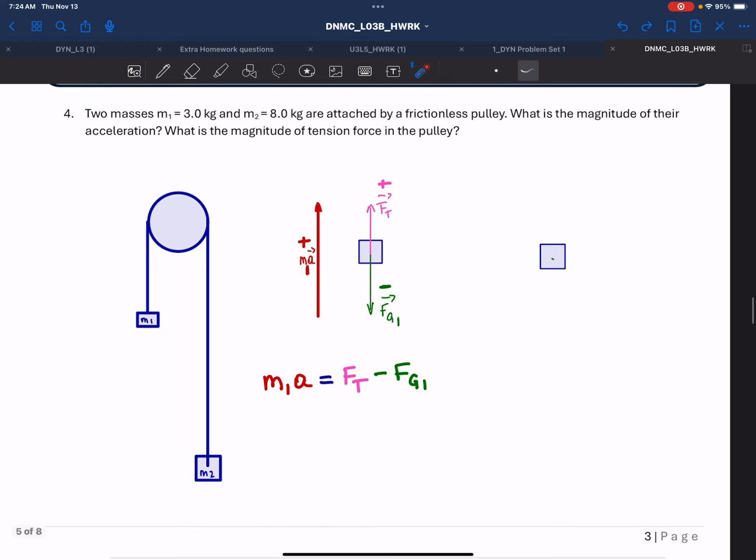Now, in a similar way, we'll analyze the forces present in the second weight. Here is M2, and I'm going to start off with the force of gravity on the mass M2, Fg2. The next force that is present is the force of tension. And don't forget the direction of the motion here is going to go down because this is the heavier weight.